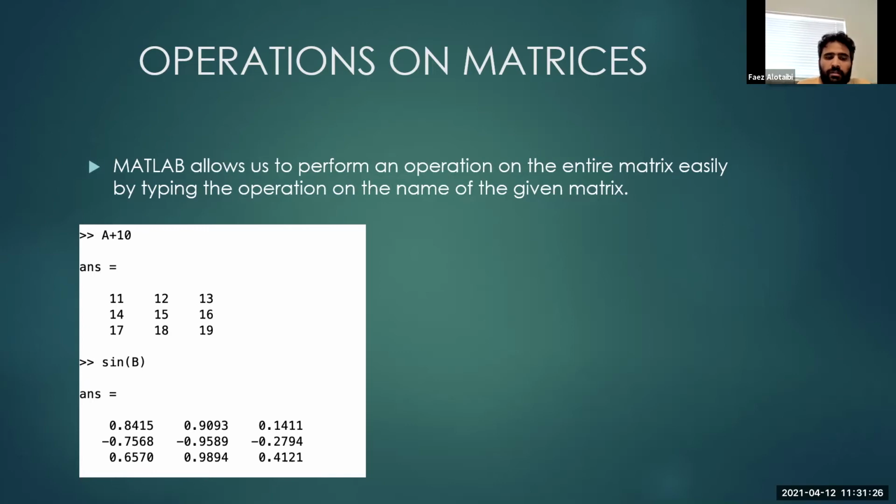Also, we can get, for example, the sine operation for matrix B. This way we'll have the sine of each value for each column and each row.